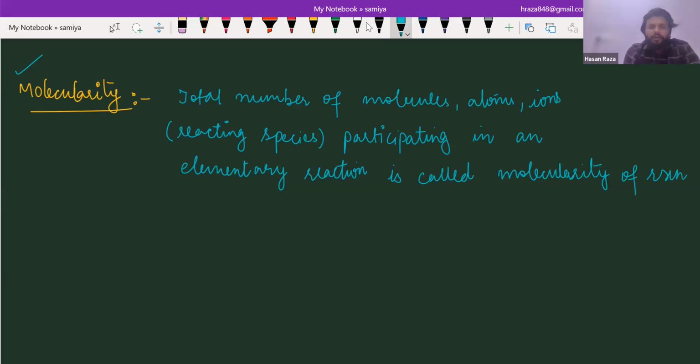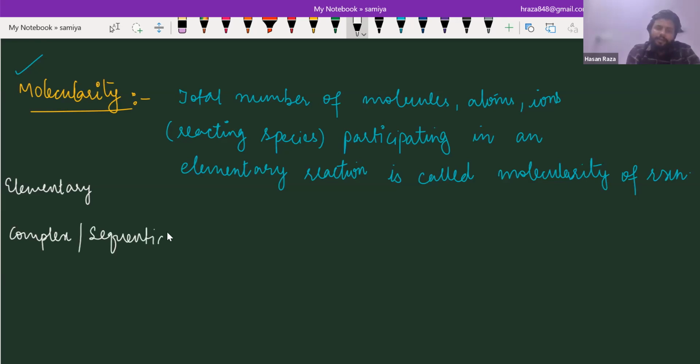So basically, there are two types of reaction. One is elementary, and another is complex reaction, and we also call it sequential reaction. This sequential or complex reaction is in more than one step, basically, there will be 2 or 3 reactions to get a product. And elementary reaction is the reaction which is in a single step, a single reaction, and you will get the required or specified product.